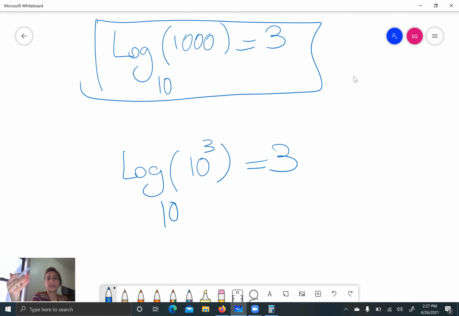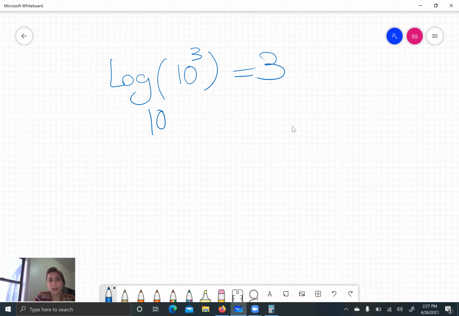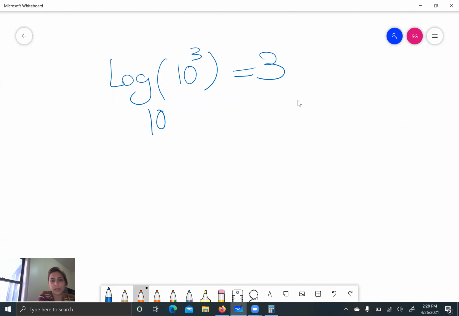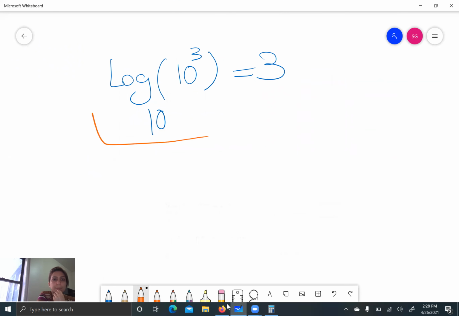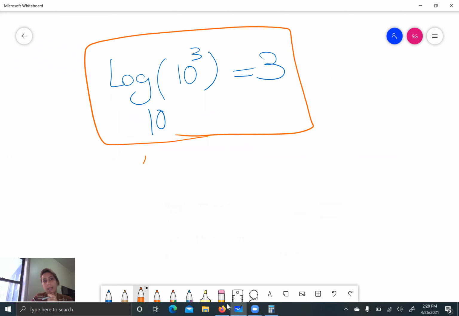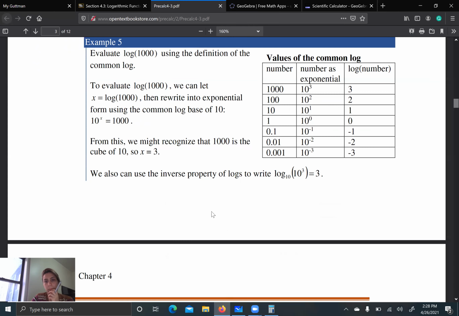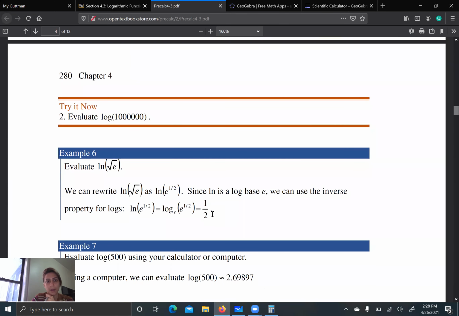So I just rewrote 1,000 in the form of 10 cubed, and it seems like we have the property that the exponent 3 comes out. Just keep this in mind, which I'm going to get back to later when I introduce the properties of the logarithmic function.